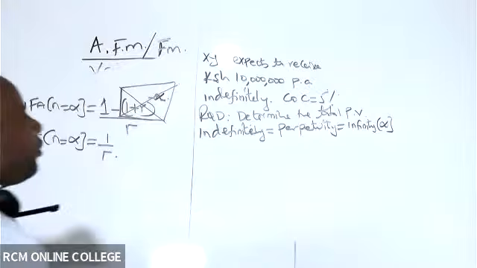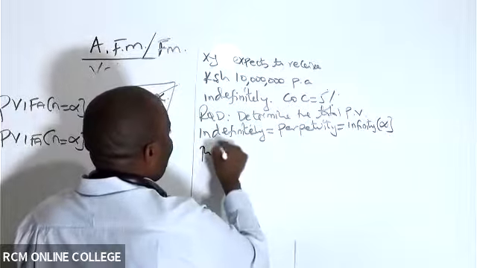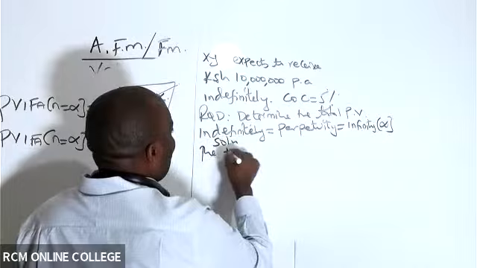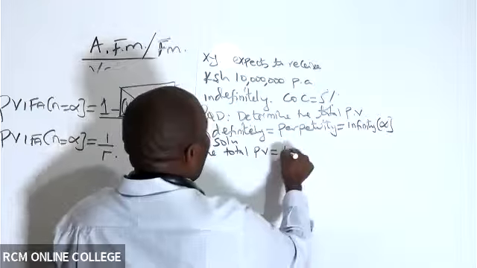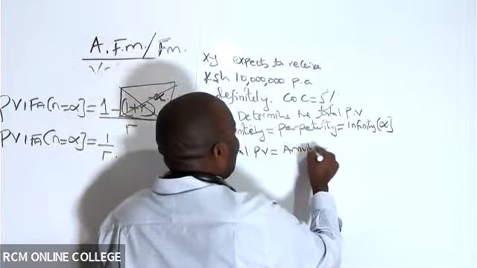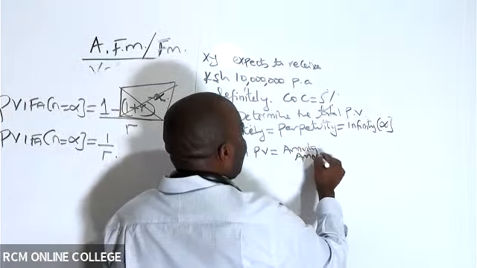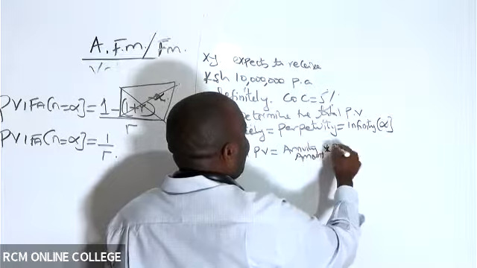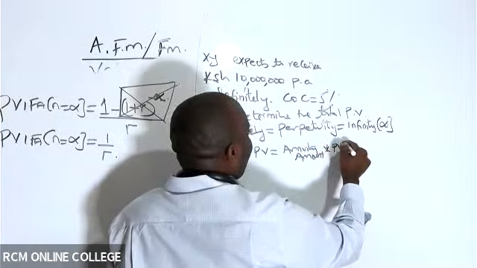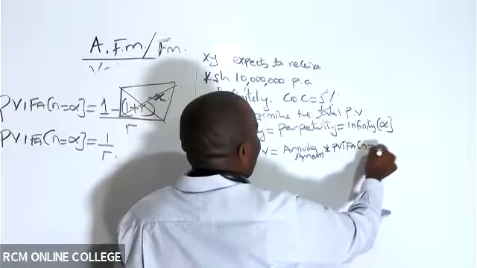So in this case, for me to be able to get the total present value, I will take the annuity amount, and I multiply this with the PV when n is infinity.